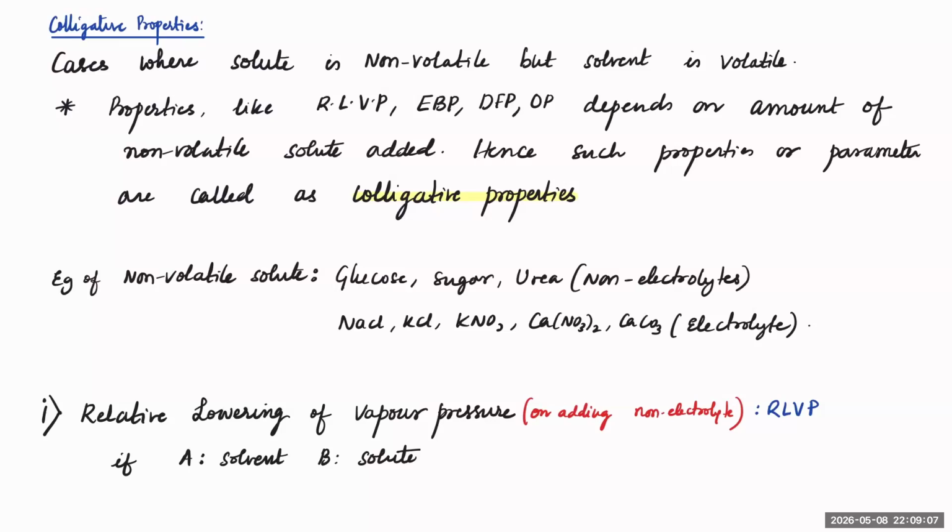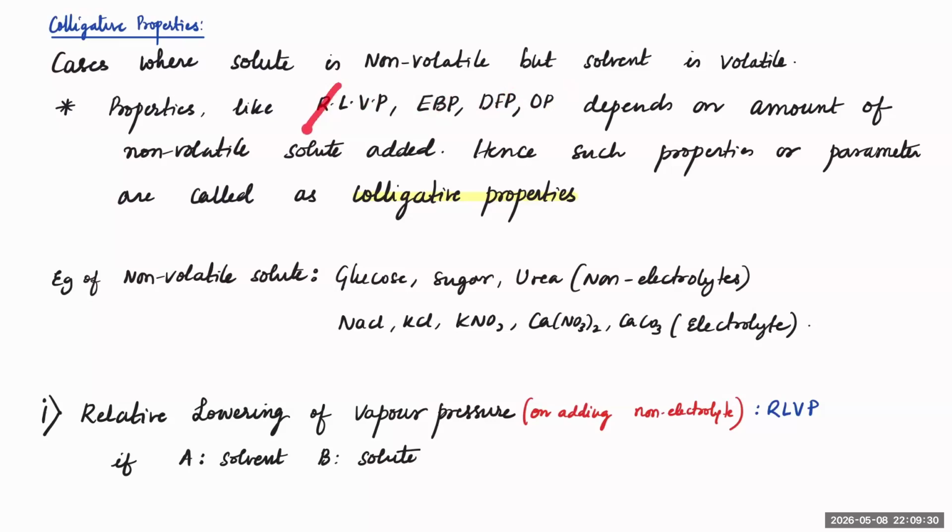For example, adding a teaspoon of sugar in water, or a large quantity of sugar in water, these two solutions will have different values of certain parameters. Those parameters are RLVP, EBP, DFP, and OP.